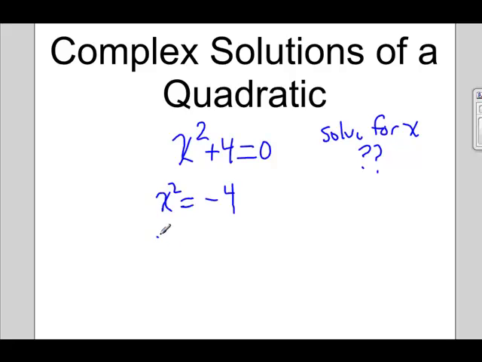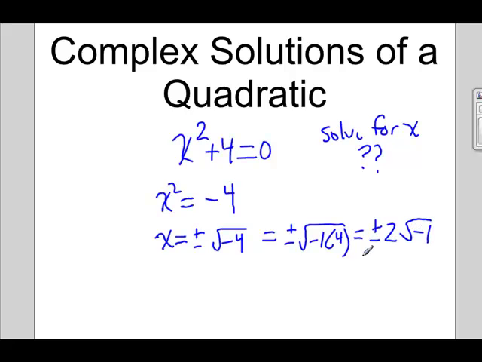That means x is equal to plus or minus the square root of negative 4, which is plus or minus the square root of negative 1 times 4, which is plus or minus 2 times the square root of negative 1, which is plus or minus 2i. The square root of negative 1 is i. Always. Forever.